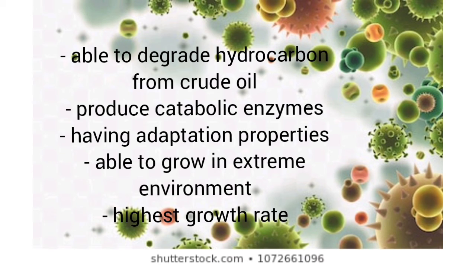Next, the characteristic is that it can produce catabolic enzymes, which means it can produce enzymes that can degrade the hydrocarbon. Next is having adaptation properties, which means the microbe can adapt to another place. For example, it can do coincidental induction of many catabolic pathways, which means at different pollution it can adapt and clear the pollution.